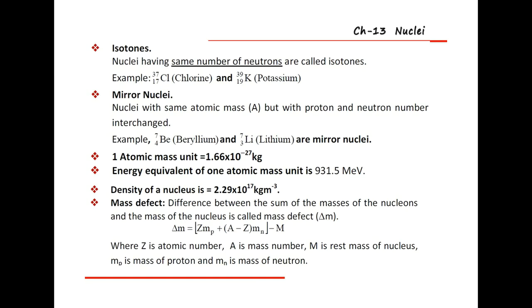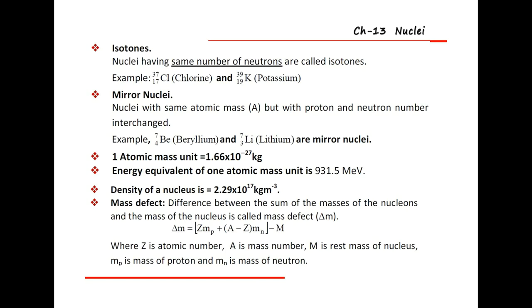The nuclear mass is the masses of all protons plus the masses of all neutrons, where the masses of all protons is Z Mp and of all neutrons is (A minus Z) Mn.